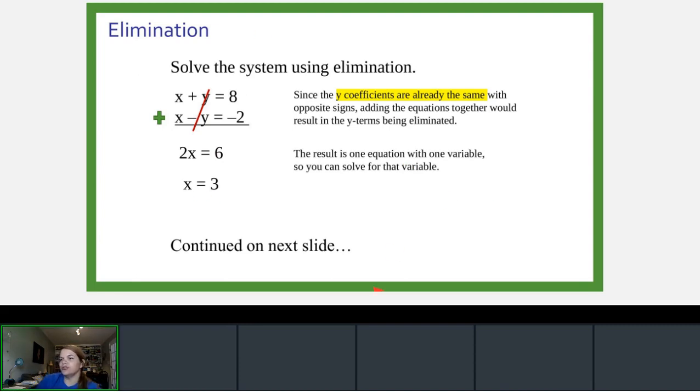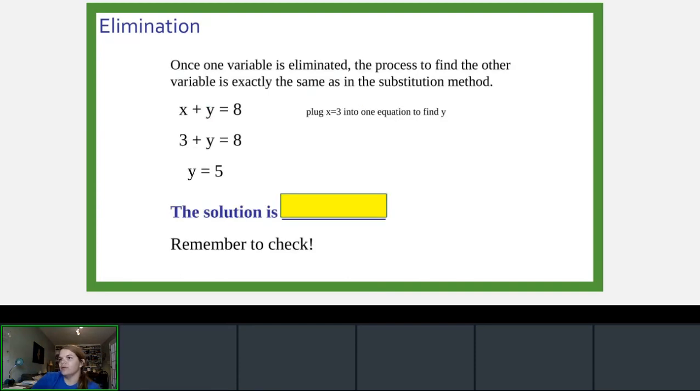Remember that our solutions are always written as an ordered pair, x comma y. Well, we have our x value, but we don't have our y value. So now we're going to use our substitution method that we learned and plug in 3 for x.